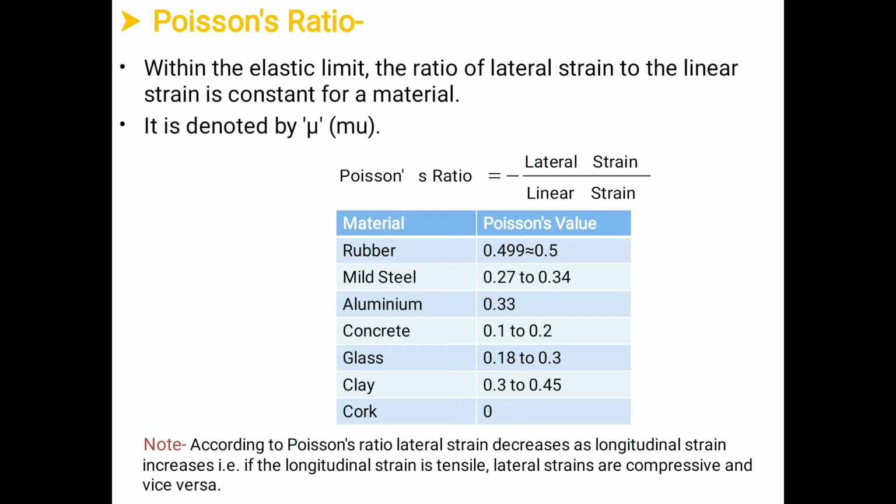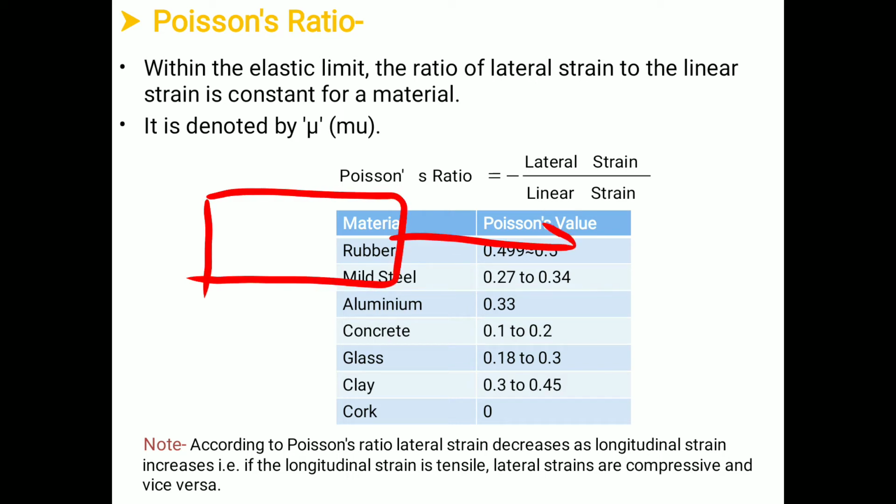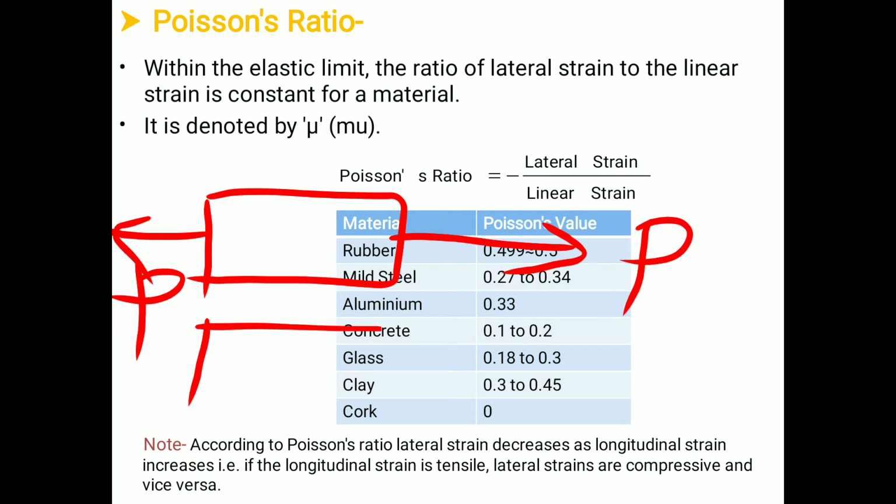The minus sign. Suppose I consider any bar or any body which is subjected to a tensile force P. Under the application of that tensile force P, the bar will get elongated in this manner.